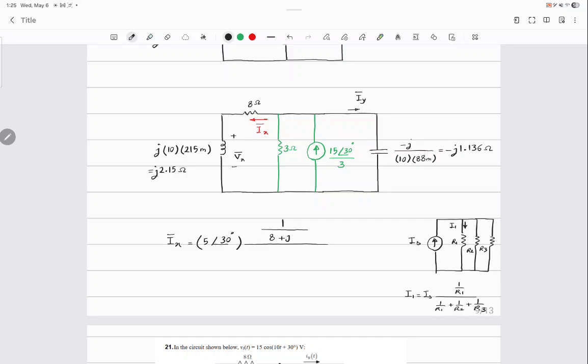1 over 8 plus j 2.15, divided by 1 over 8 plus j 2.15 plus 1 over 3 plus 1 over negative j 1.136.